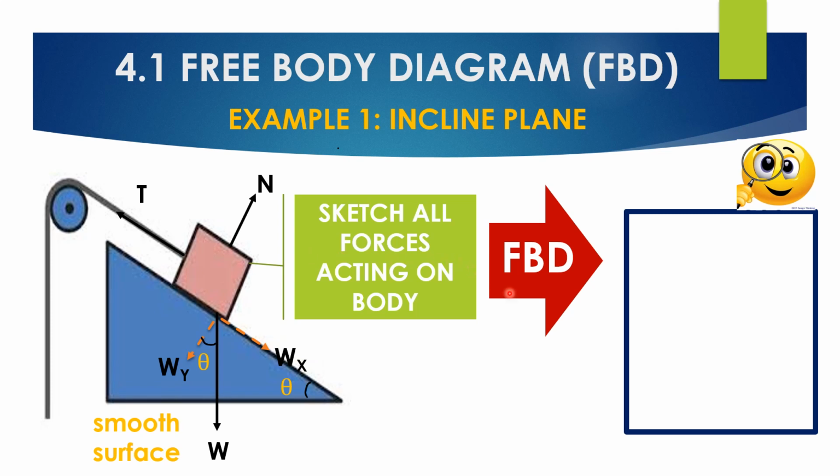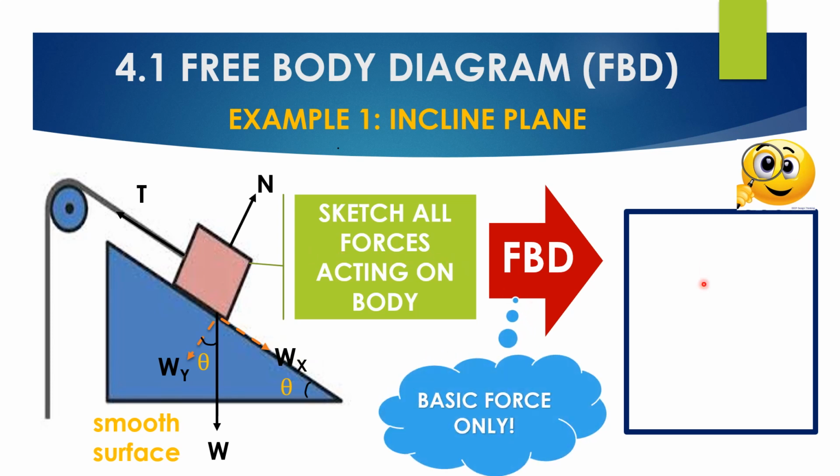And remember that to sketch a free body diagram, only the basic forces are included; the x and y components here are not included in our free body diagram. So these are the steps to sketch a free body diagram. This dot actually represents a body.